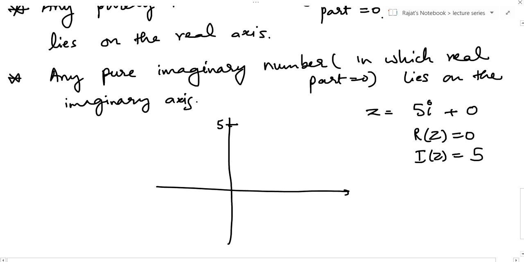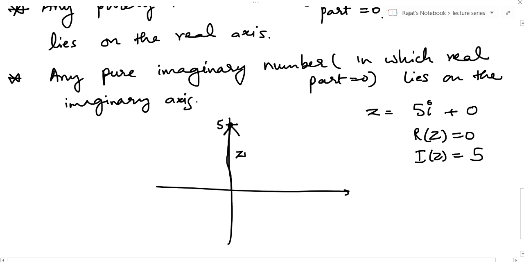Suppose this is the point, so this will be the complex number z. So all purely imaginary numbers lie on the imaginary axis, all purely real numbers lie on the real axis. This is the basic representation of complex numbers on the argand plane.